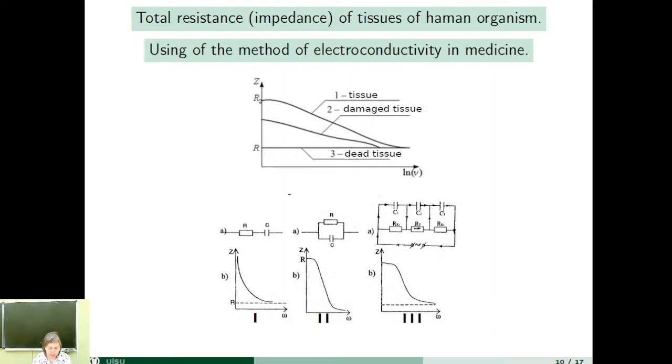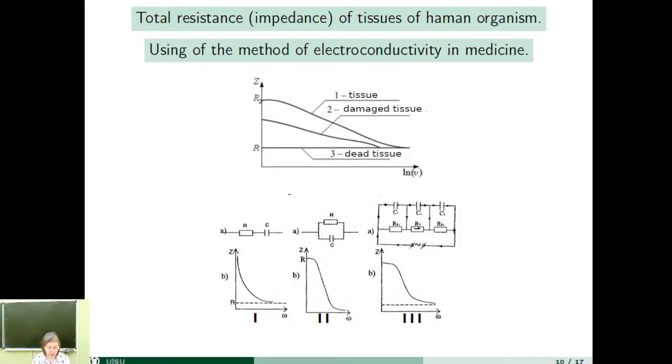From the graph of dependence of Z on omega for the second circuit, it is visible that when omega tends to infinity, impedance tends to 0. That does not prove to be true in experience.